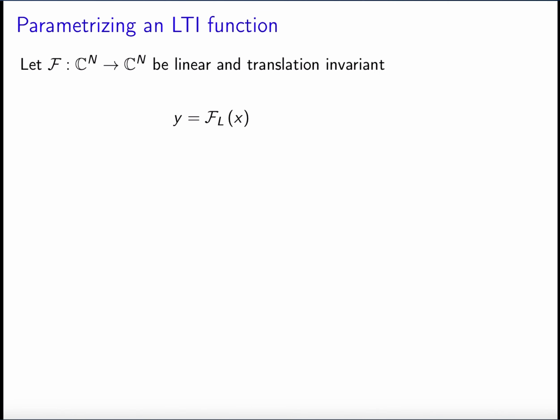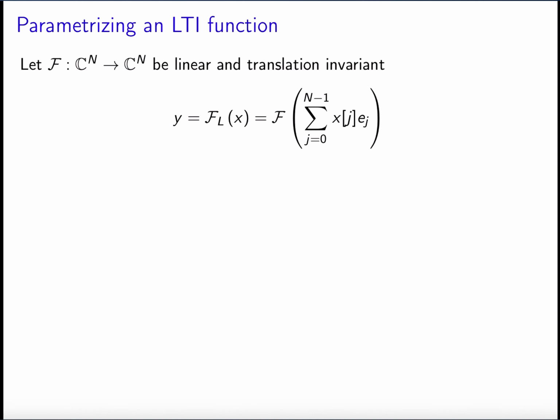So the idea here is that we have y and we're applying f, which is a linear translation invariant function, to any vector x. And now we're going to apply a trick, which is to express x in terms of the standard basis.